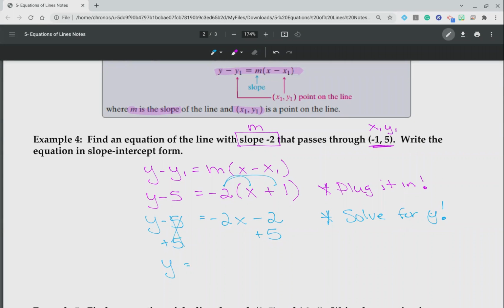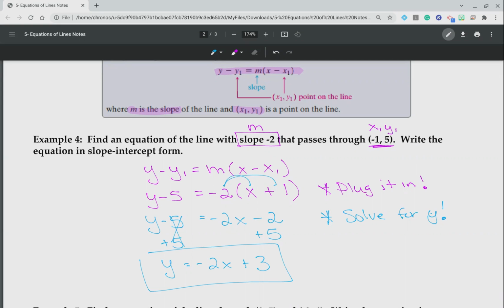So I have y equals -2x plus 3. Now I have this in the form y equals mx plus b. Okay, so those are the steps that you would follow if you're given a slope and some random point.